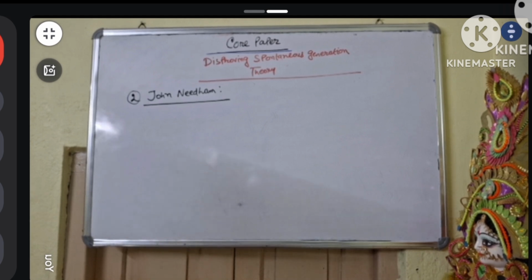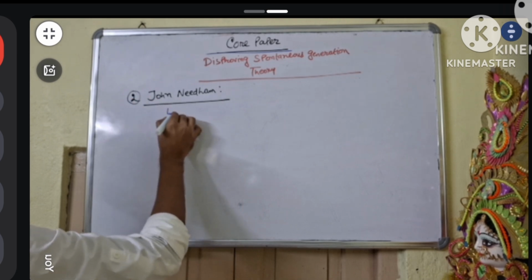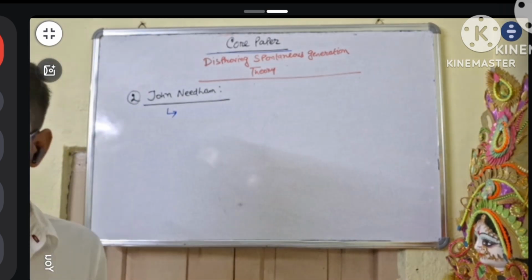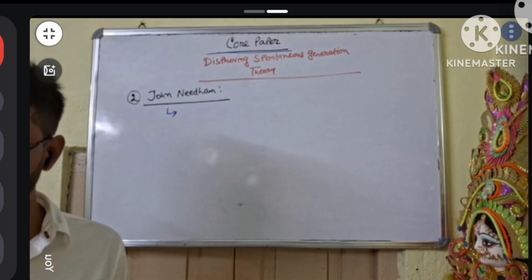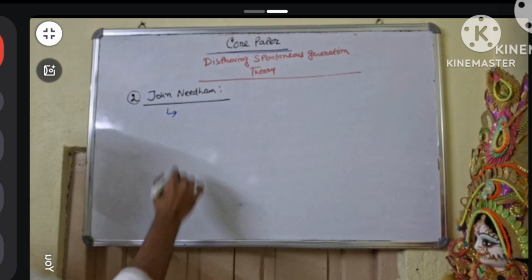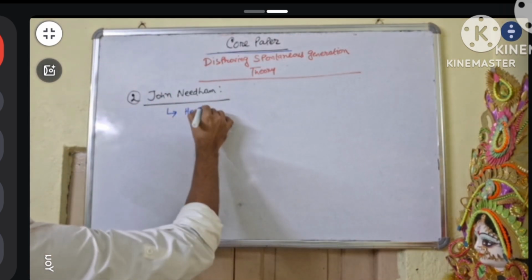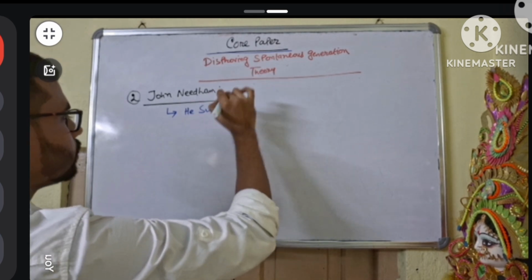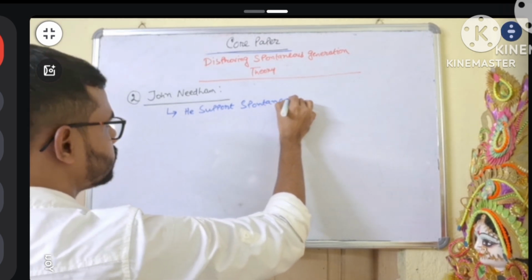His words are very powerful at that time. So John Needham actually added fuel to the fire. That means he supported the spontaneous generation theory, by doing a simple experiment.